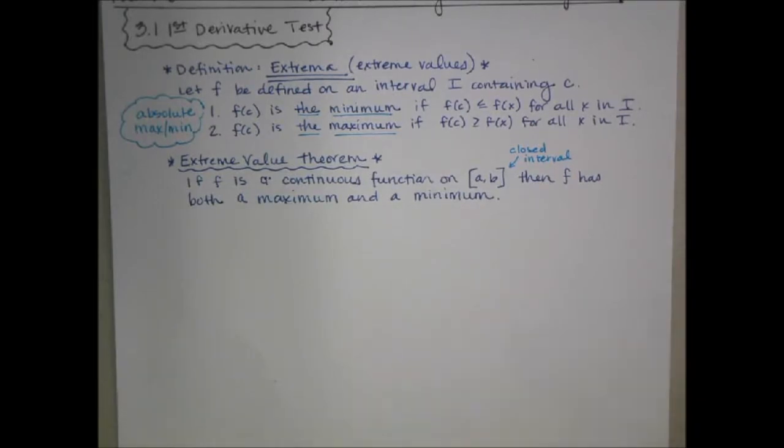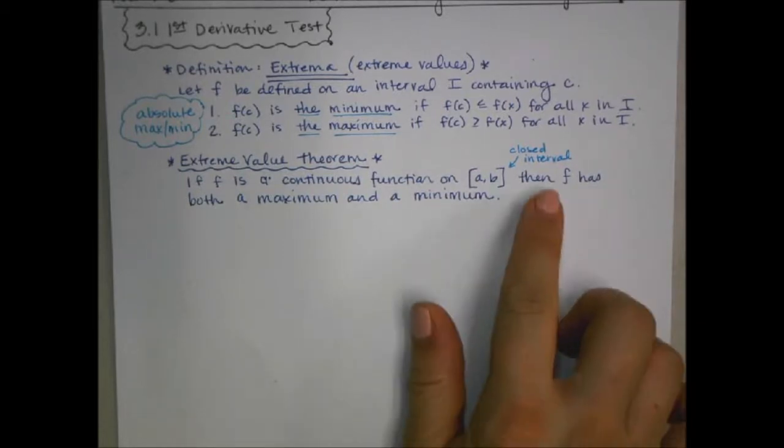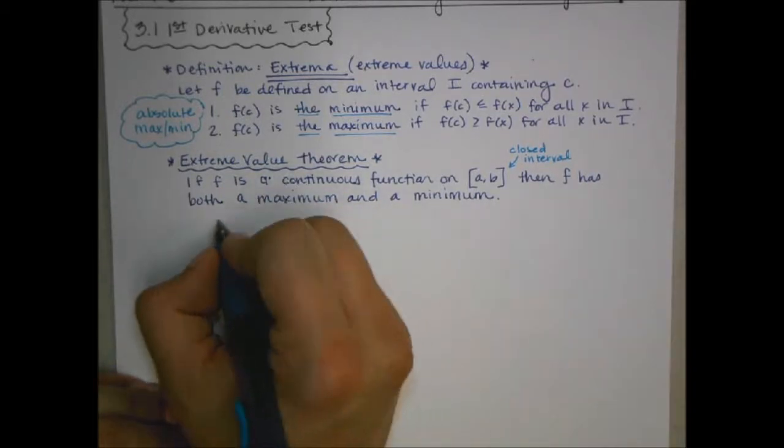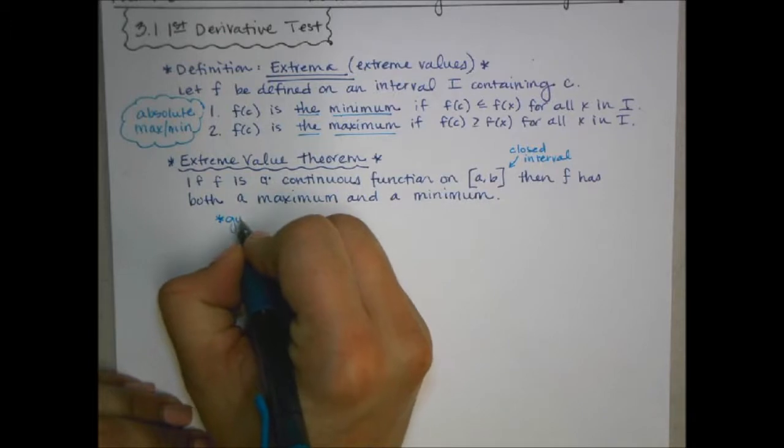So it's basically a theorem that guarantees that you will have a maximum value and a minimum value so long as this interval is closed. That means it's going to contain its endpoints. Okay, so let's point out that we are guaranteed these values.